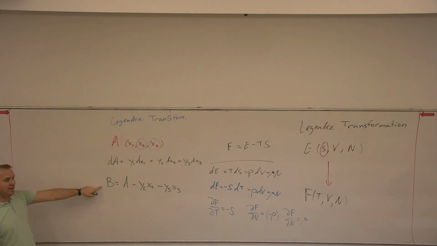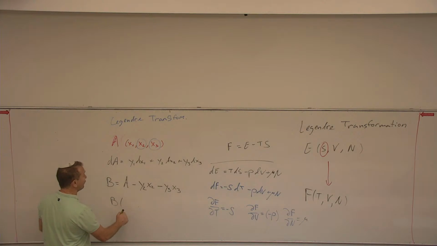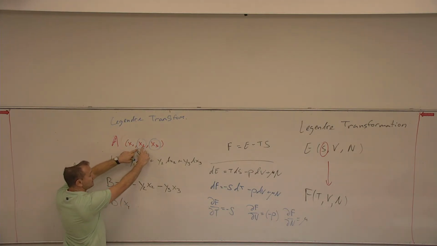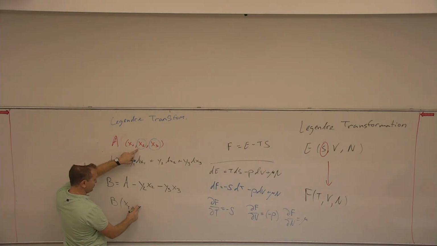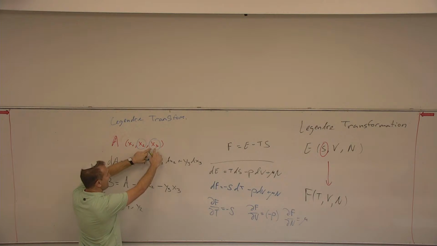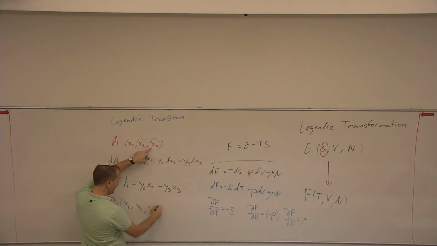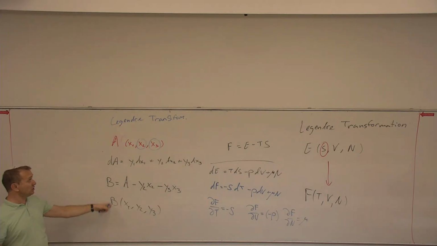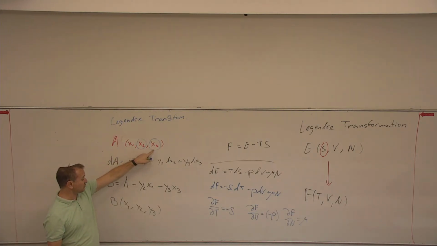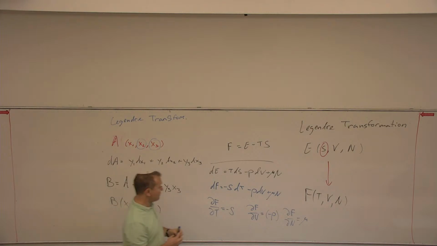Now, B, your new function, is a function of x1, which you left, so it stays the same, x2, which you modified, and it's going to be y2, and x3, which you also modified, so it's going to be y3. Okay. So this is your new function, and instead of x2 and x3, you got the conjugated variables.